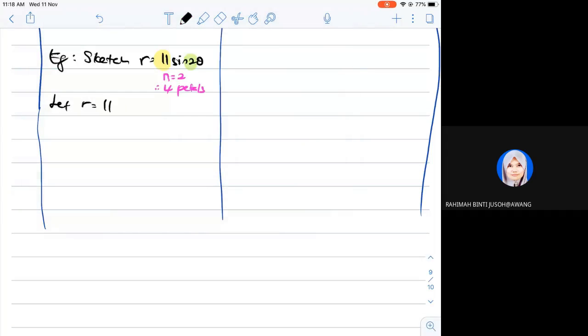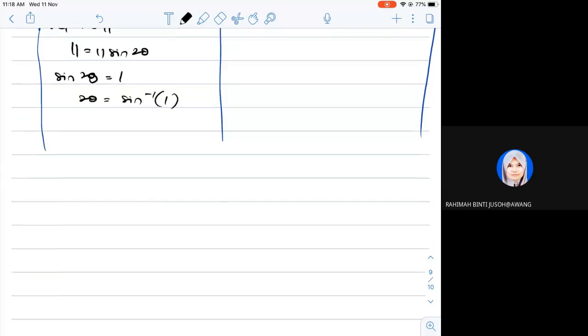So we let R equals to 11. What happened? We can have 11 equals to 11 sine 2 theta. So if we divide by 11, therefore sine 2 theta, ni salin guys. 11 bagi 11 dari 1. Okay. So now 2 theta equals to arc sine of 1. Okay, 2 theta equals to arc sine of 1.